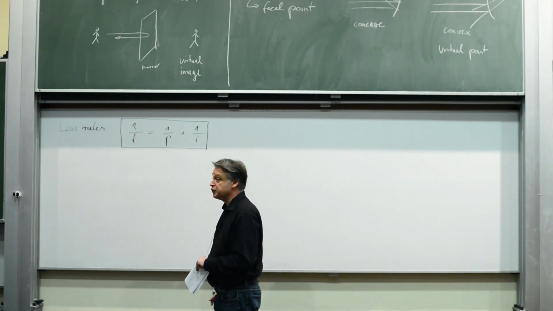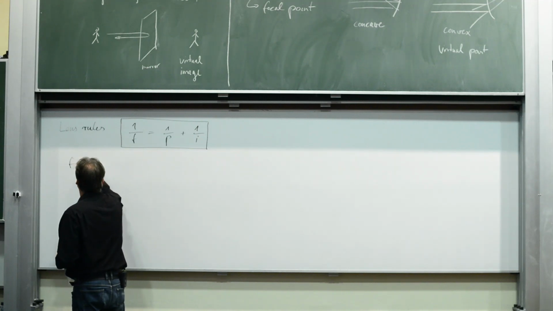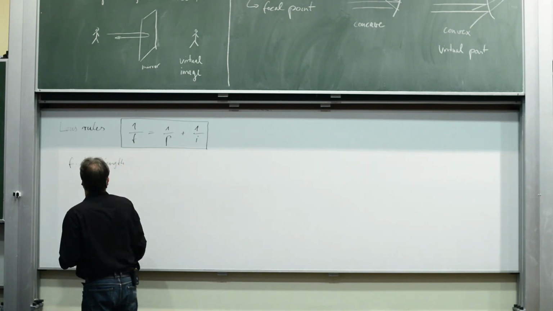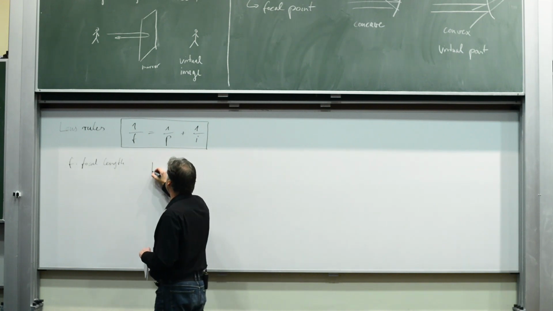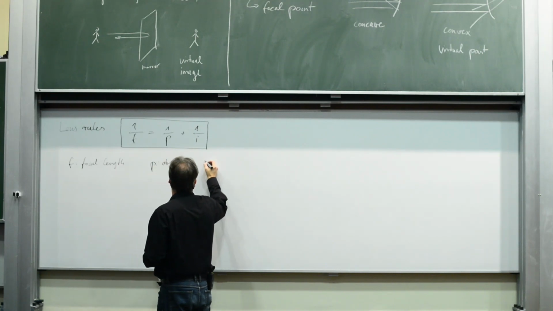F is the focal length. P stands for the object, and I for the image.